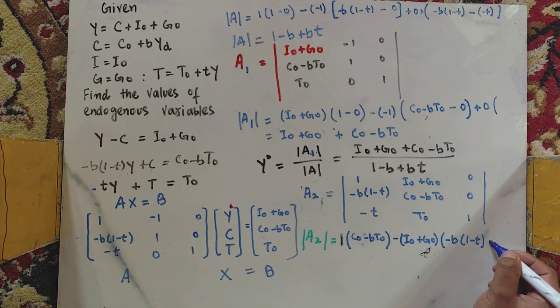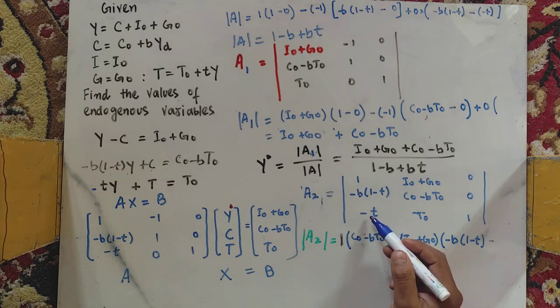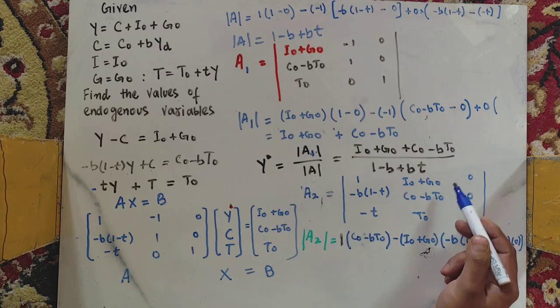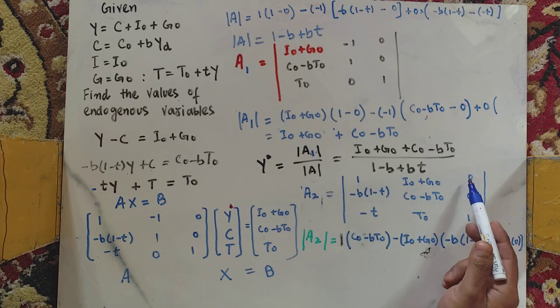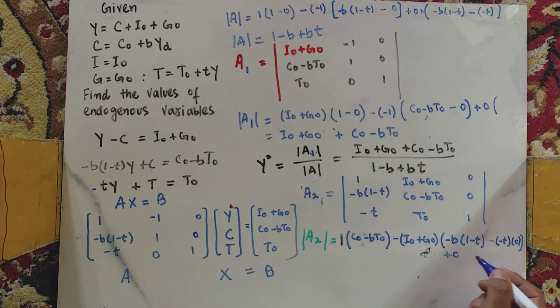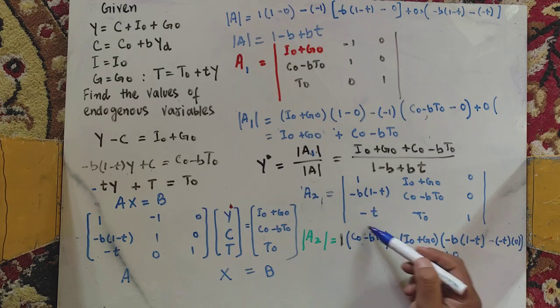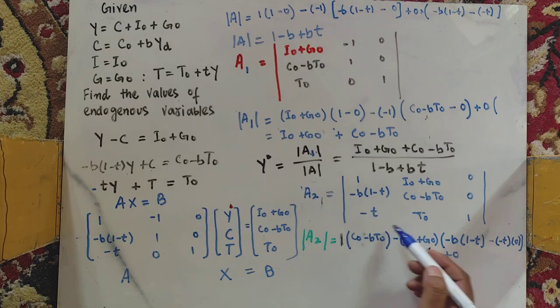Then we have minus, minus T into 0, it will become 0. Then we have this is positive, this is negative, then plus 0. We write the third element and delete the row and the column in which it appears and take the determinant of the remaining element. So 0 times the determinant of this will be 0, okay.